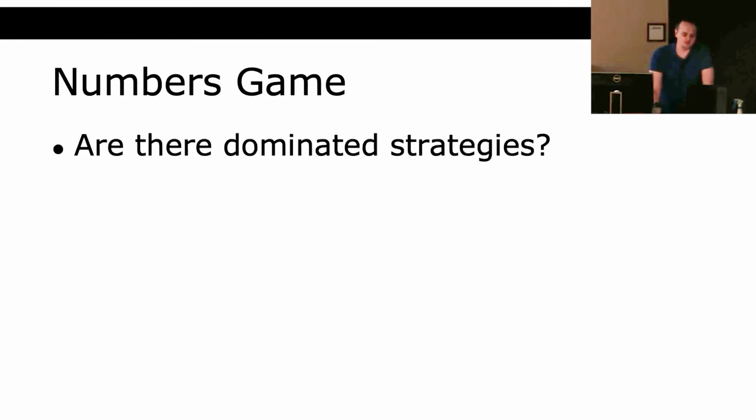Are there dominated strategies in the numbers game? Can anyone tell me? There we go, right in the back. So what is the reason for that? Yes, but we need something a bit stronger than that. Nothing will ever be two-thirds of the average if everyone picks it, right?